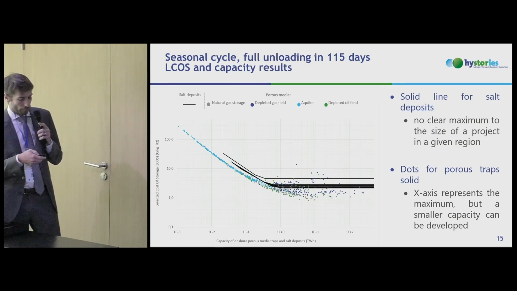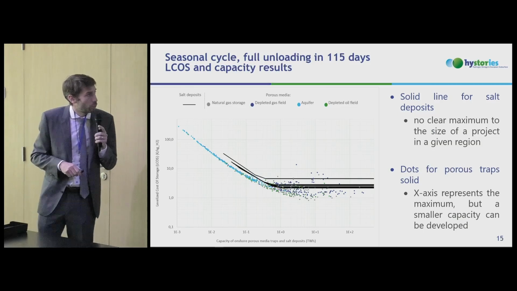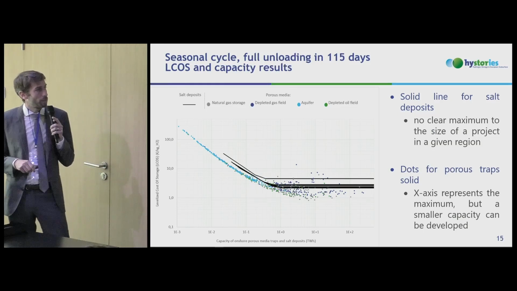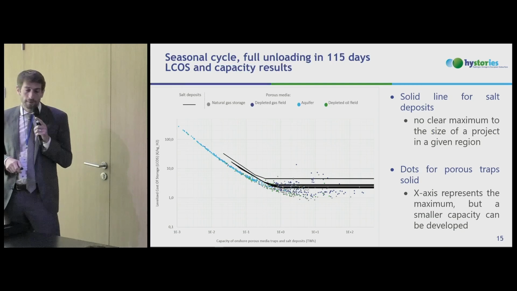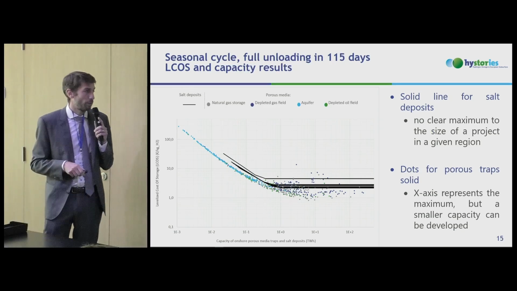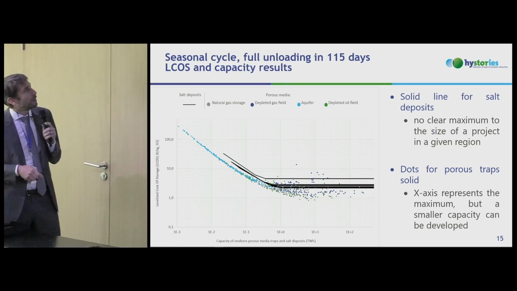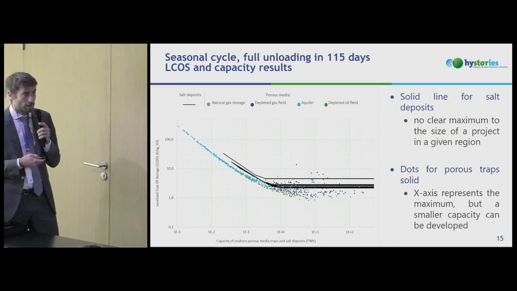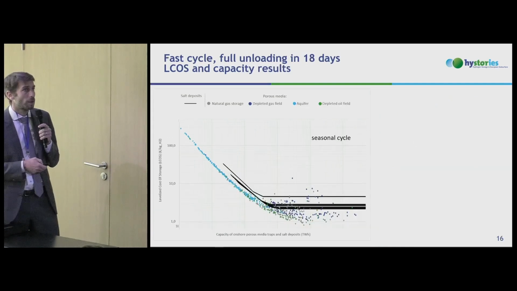The conceptual models we had are around here for salt and for porous media: 250 million cubic meters for salt and 550 for porous media. So these are the results for cost we got for the seasonal cycle.